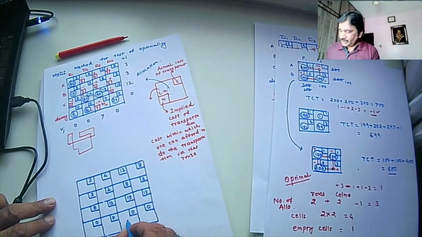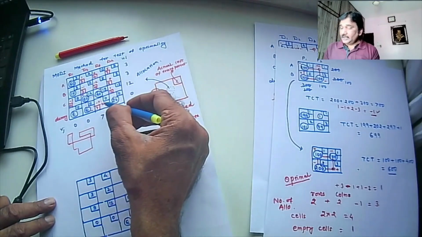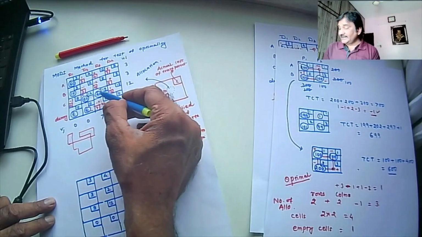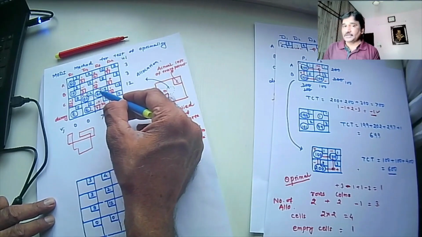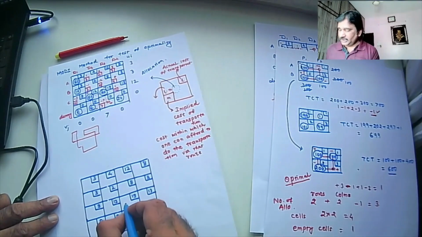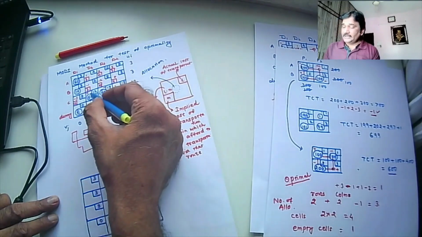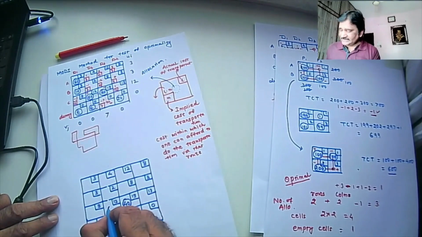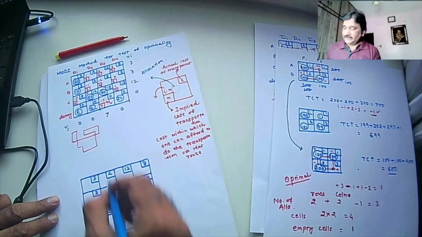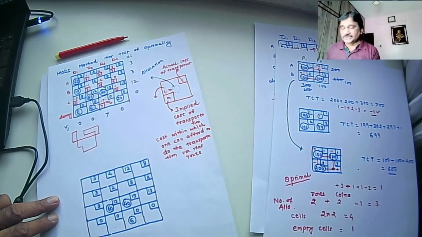So that's what I am doing. Epsilon is allocated there, then epsilon is added here. Epsilon will have to be subtracted from here. 40 minus epsilon is 40 itself. Then 60 plus epsilon is 60 again. Then epsilon minus epsilon is 0.